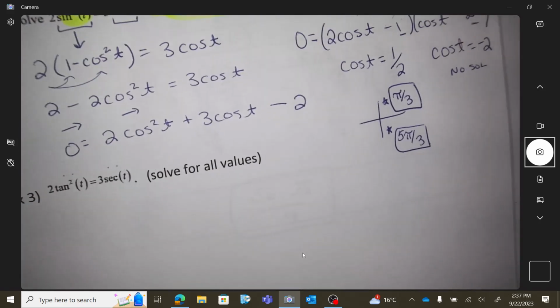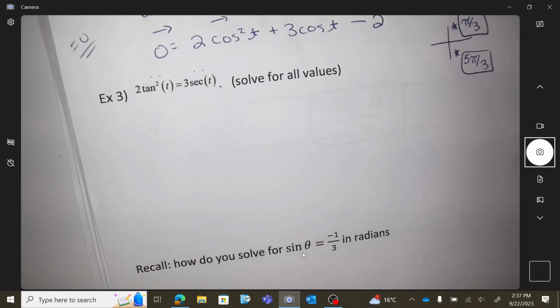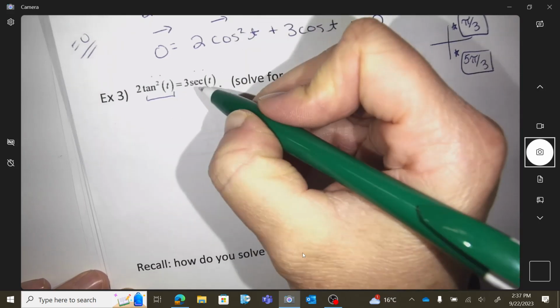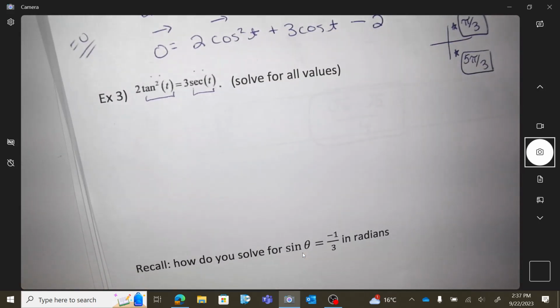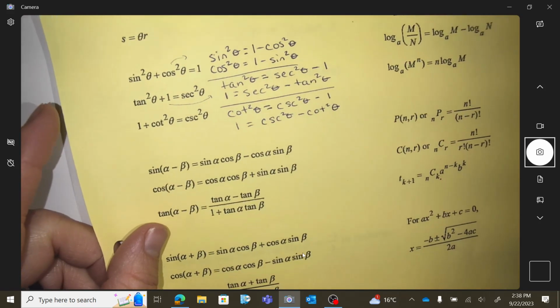Okay, last one. So what would you make a replacement on, this tan squared or the secant? What can you make replacements with? Squareds, okay? Squareds give away the hints because all this stuff up here is squareds.